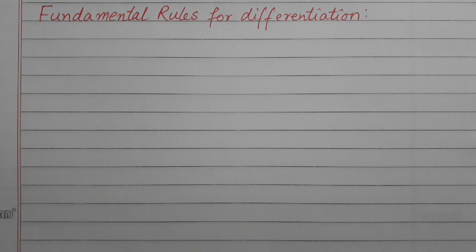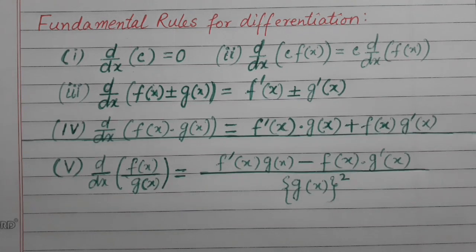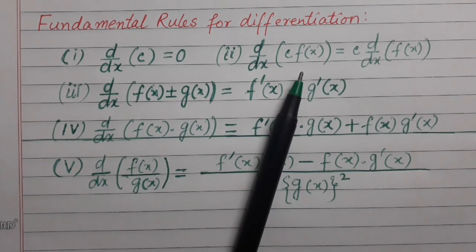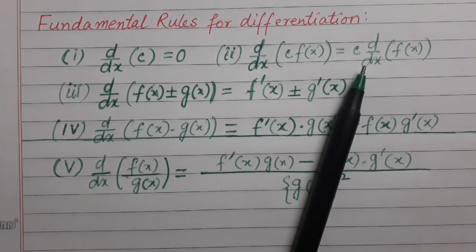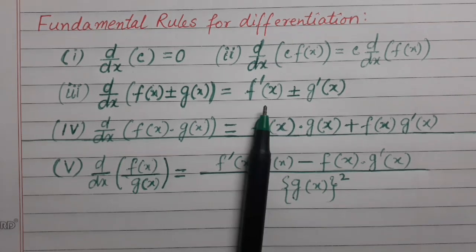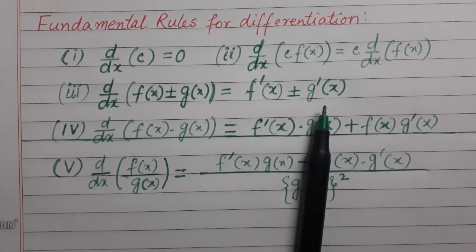Now there are some fundamental rules of differentiation. The differentiation of a constant with respect to any variable is equal to 0. d/dx of c times f(x) equals c times d/dx of f(x). Next, d/dx of f(x) plus or minus g(x) will be equal to d/dx of f(x) plus or minus d/dx of g(x).